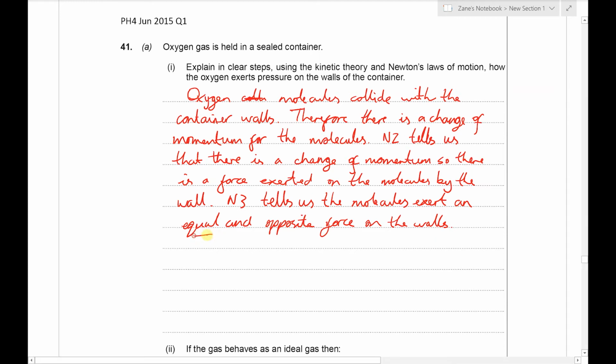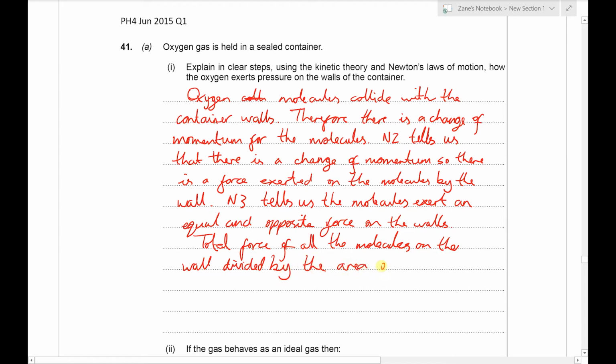So let's just say something like the total force of all the molecules divided by the area of the wall gives us the pressure.